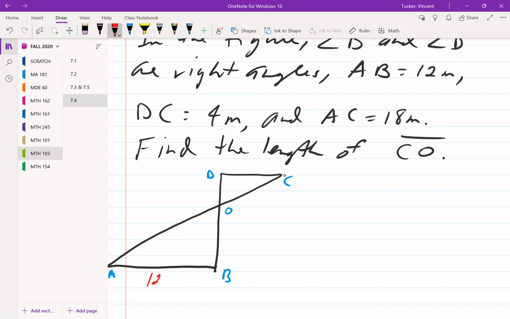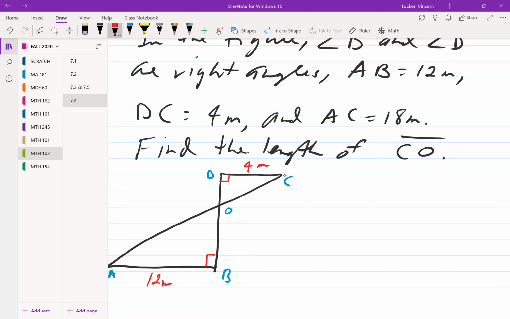All right, AB is 12. They say that D and B are right angles, and they have AC. AC is the long line, and that is 18 meters. Oh yeah, DC is 4 meters.